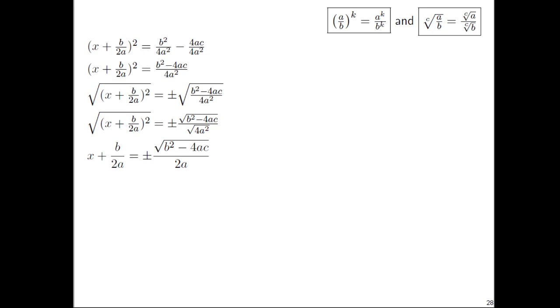Those will undo each other, so we're just left with x plus b over 2a. On the right side, not much happened other than the radical in the denominator. So root 4a squared, that's all perfect square stuff. So when you root 4, you get 2, and when you root a squared, you get a. So that's why the denominator on the right side just says 2a.